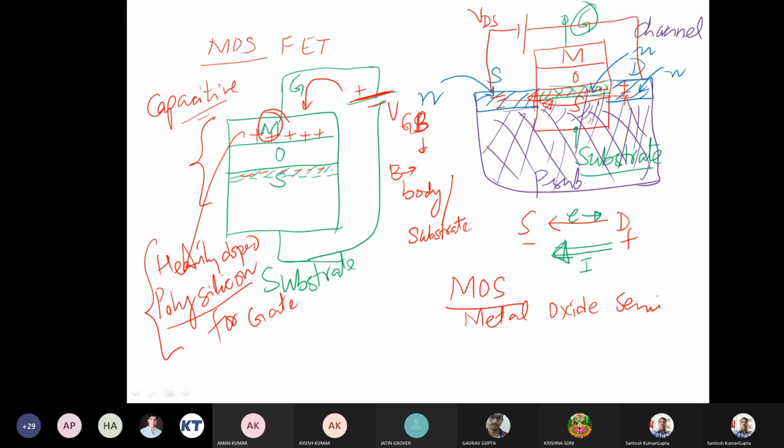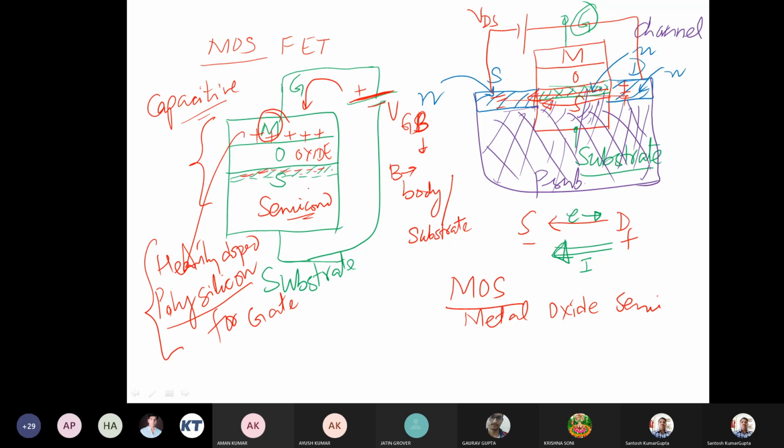Below it, the semiconductor is separated by an oxide here. The gate and substrate are separated by an oxide.